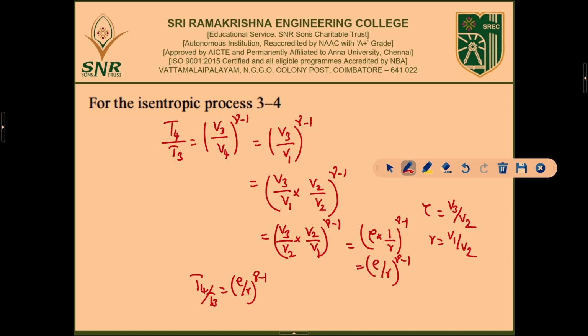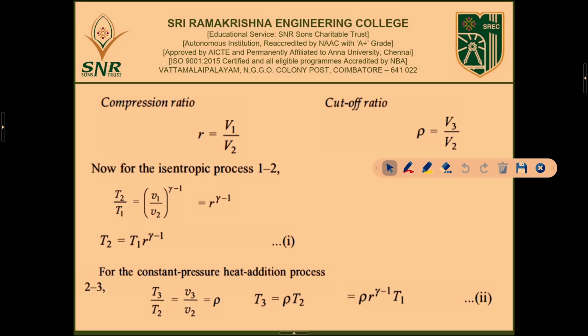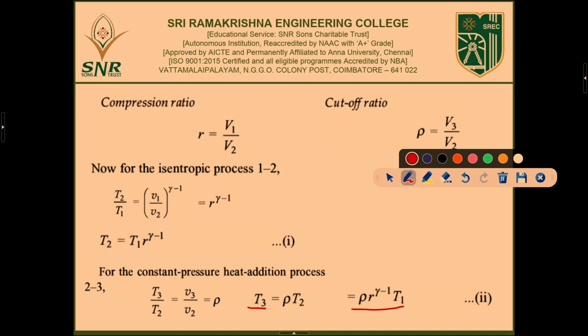I rewrite this as T4 is equal to T3 into rho by R whole to the power of gamma minus 1. Now what is T3? In your previous slide we discussed that T3 is equal to rho into R power gamma minus 1 into T1.